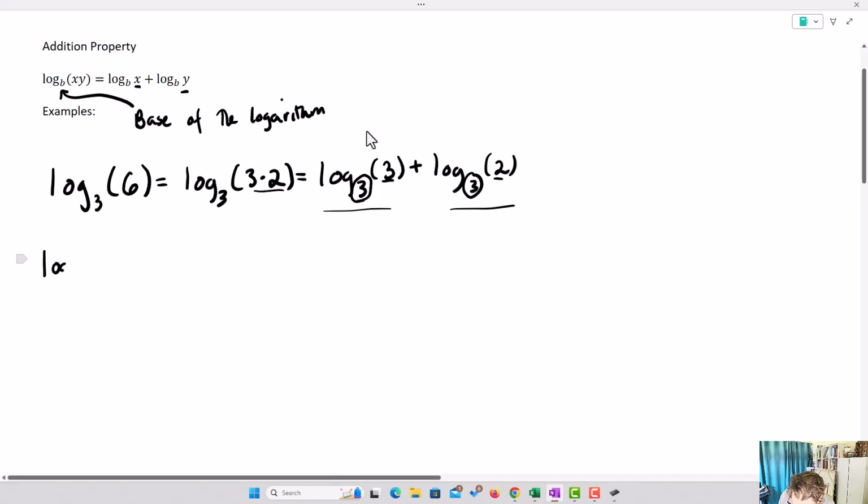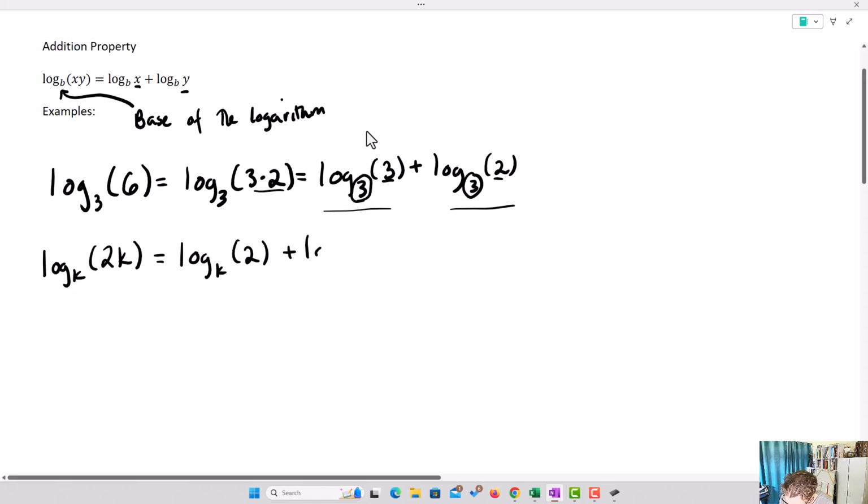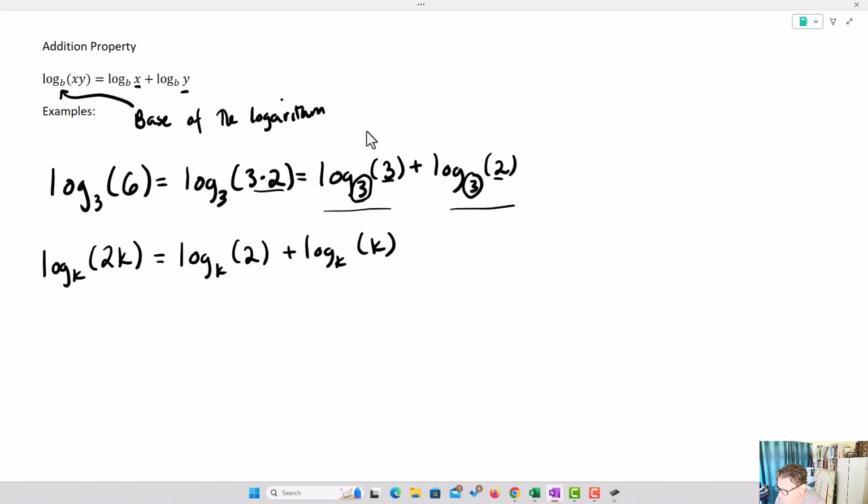Another example, let's say, for example, I have log base k of 2k. Well, 2k is 2 times k, so this is going to end up being log base k of 2 plus log base k of k. Now, a note here is that log base k of k is actually equal to 1.